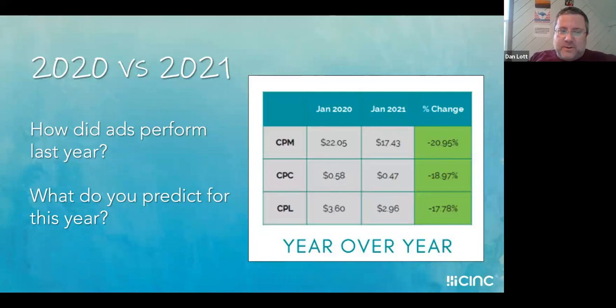And every one of our product types had record cost per lead. We're rocking and rolling. We're doing great. And the reasons are, well, on the bad side, it's COVID, which forced people to stay at home, caused the search traffic to increase dramatically, which drove down the cost per click, and when you drive down the cost per click, that drives down the cost per lead.